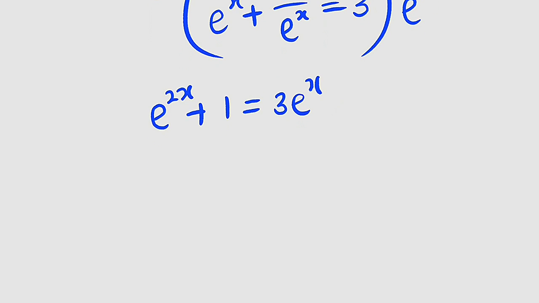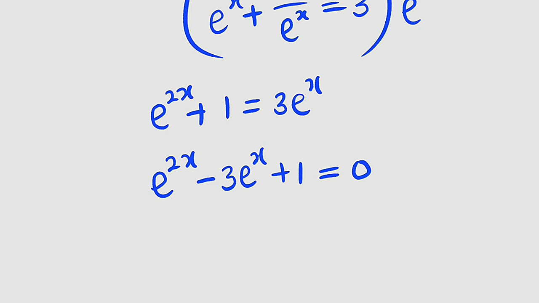Let me bring everything to left hand side. We have e to the 2x minus 3 e to the x plus 1 equal to 0. This is another quadratic equation in terms of what? e to the x. But you should know that this is not factorable.